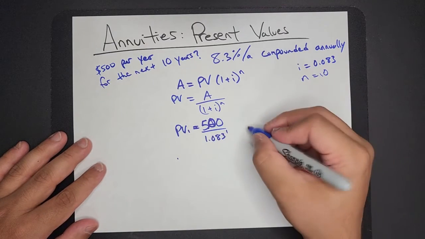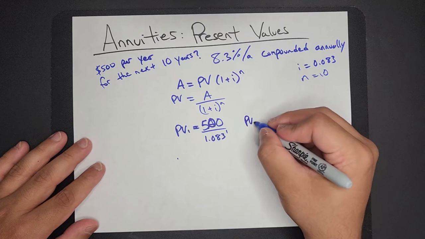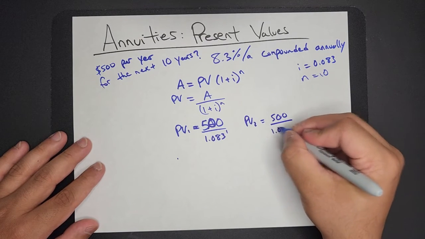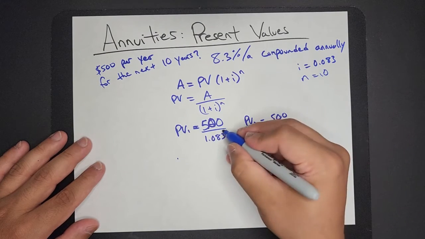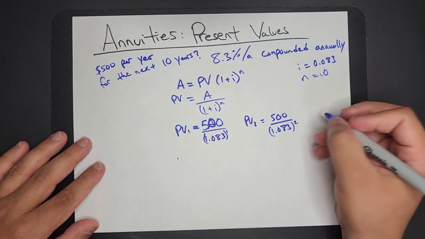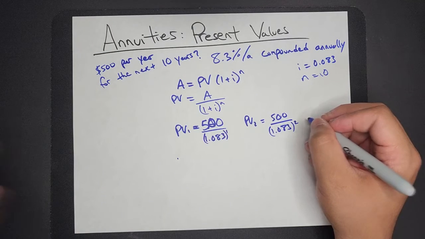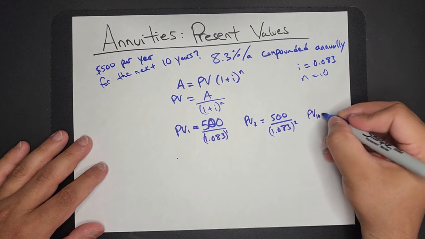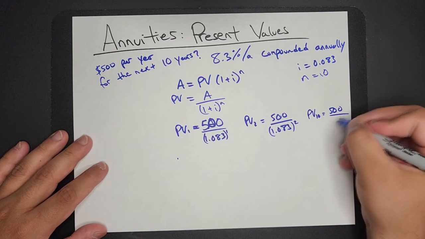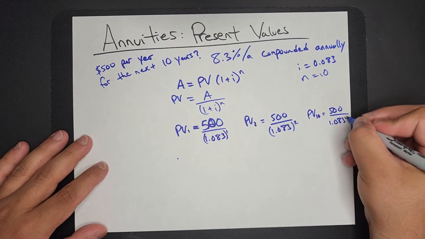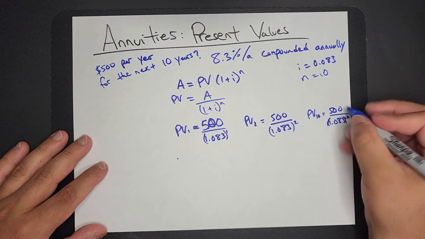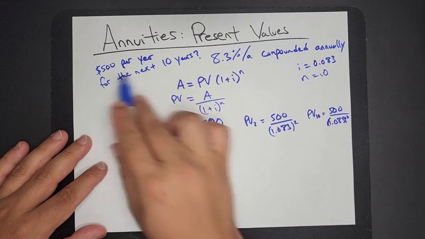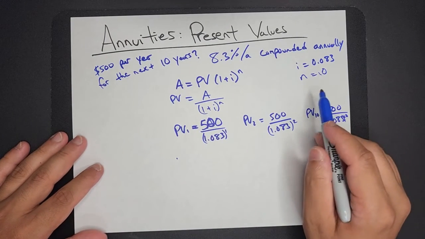And then PV2 is 500 over 1.083 to the power of 2. If you continue that pattern, PV10 will be 500 over 1.083 to the power of 10. The reason why it's still 500 is because I want 500 per year. That's our target.